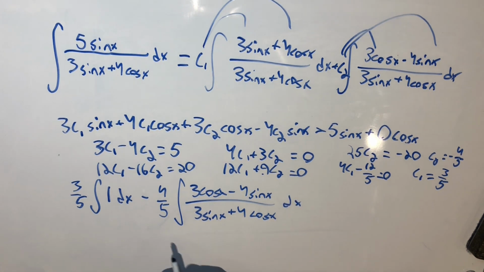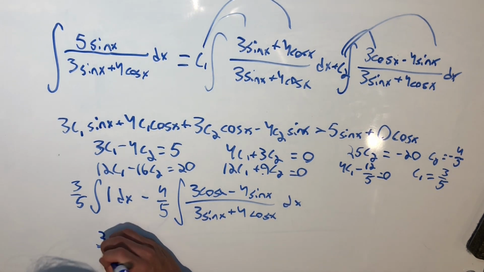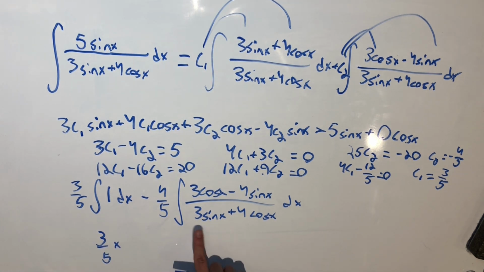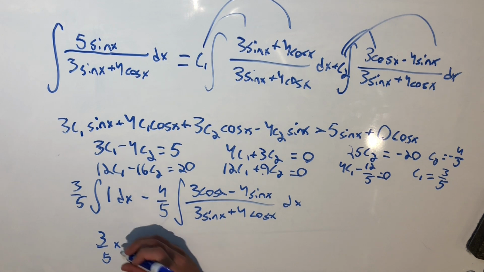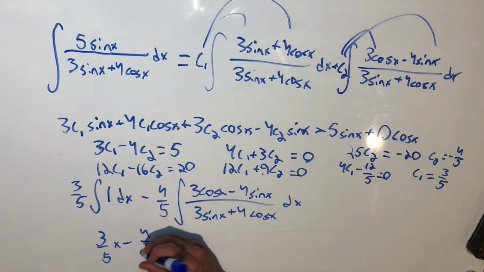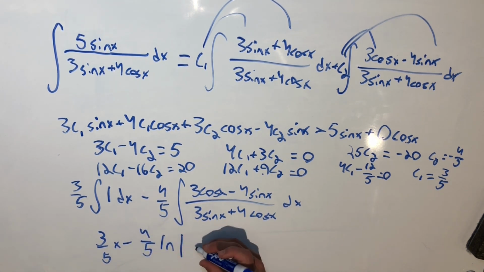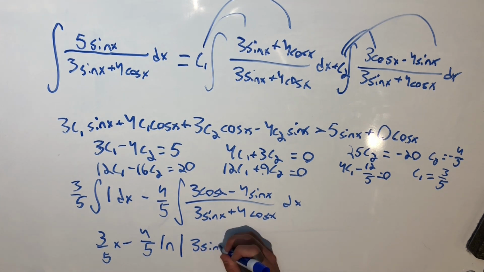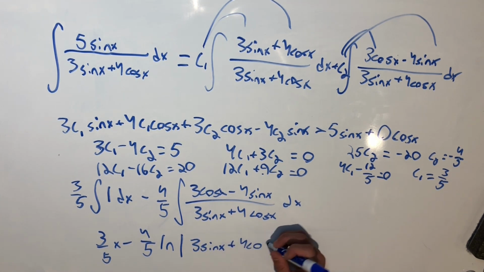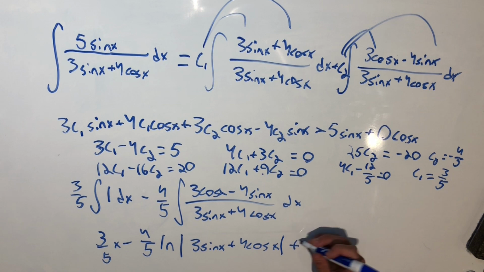Now we see that this is just going to become 3/5 x, and because of the property we discussed earlier, the numerator is the derivative of the denominator, this just becomes minus 4/5 natural log of the absolute value of 3 sine x plus 4 cosine x, and don't forget the plus c.